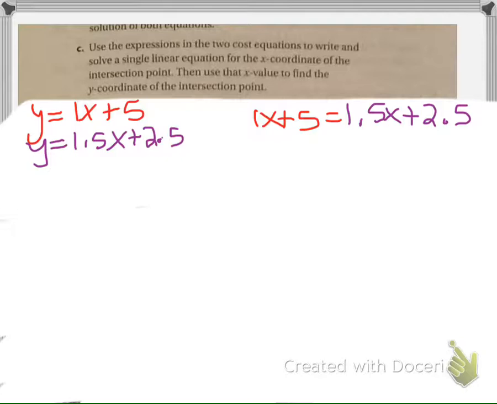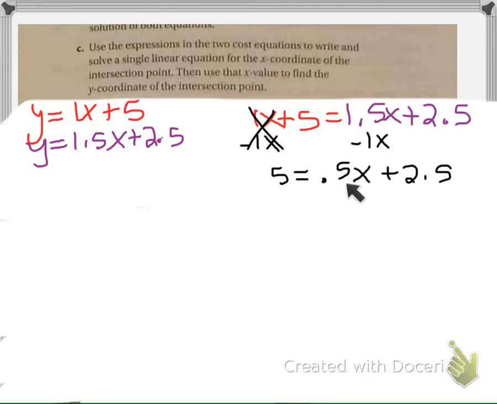Okay, now I need to solve for x. I'm going to do all this in black. So I want to get x to one side, so I'm going to subtract 1x on both sides. And these ones go away. I'm left with 5 equals 0.5x plus 2.5, because 1.5x minus 1x is 0.5x. And now I need to get x by itself, so I'm going to subtract 2.5 on both sides.